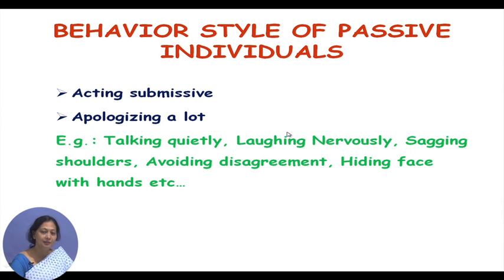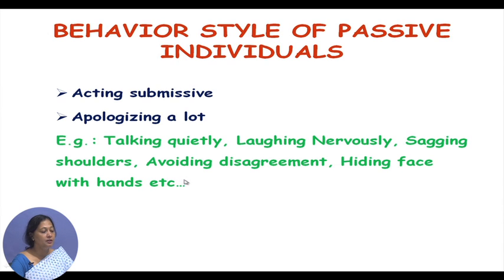He is personalizing the situation. We have spoken about the cognitive error of personalization. This is an example of personalization, where he is personalizing the event and apologizing to people as if it is his fault. So, he is taking the blame. These are some of the passive features or styles of individuals.